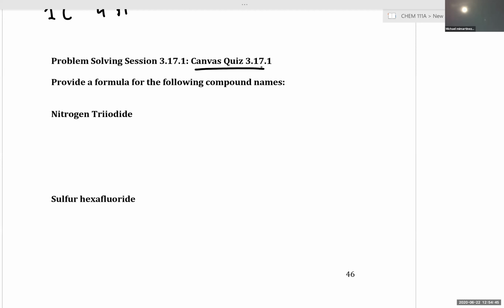And if there are any questions, checking Canvas, the class is doing quite well in these examples.